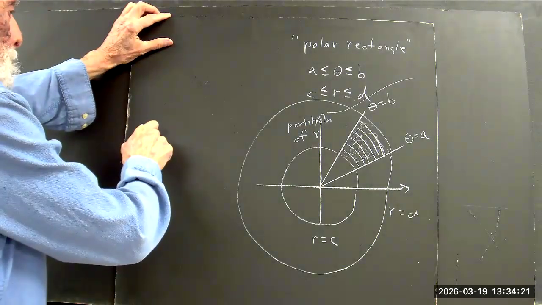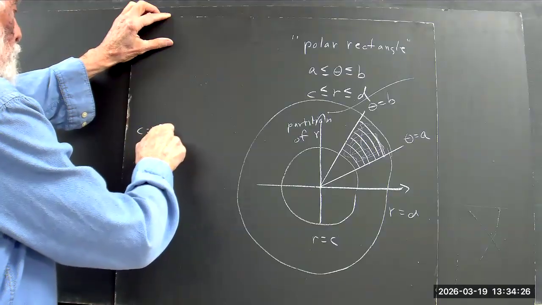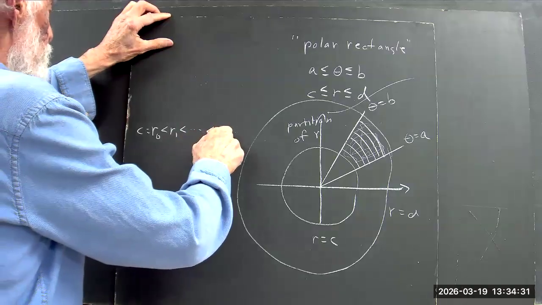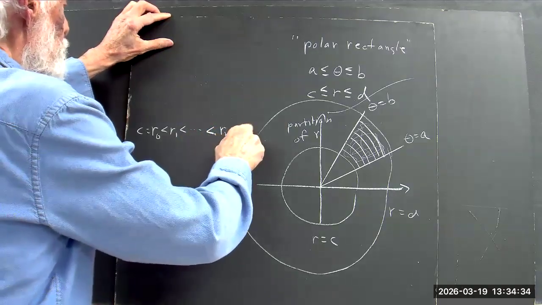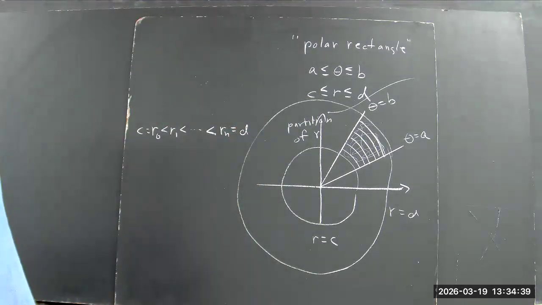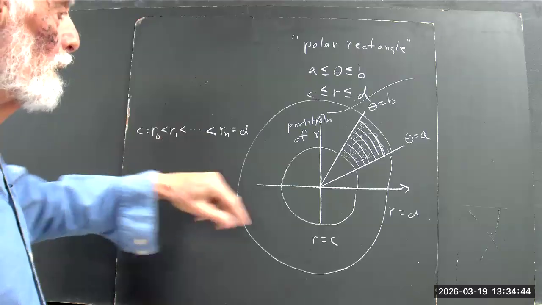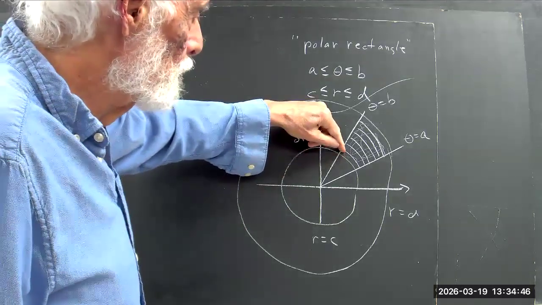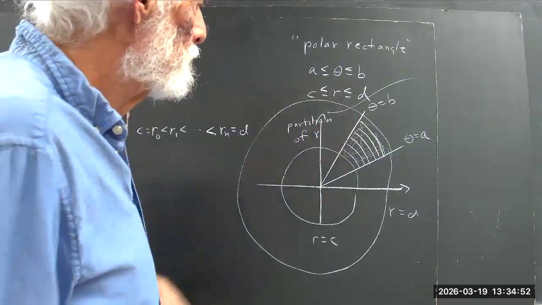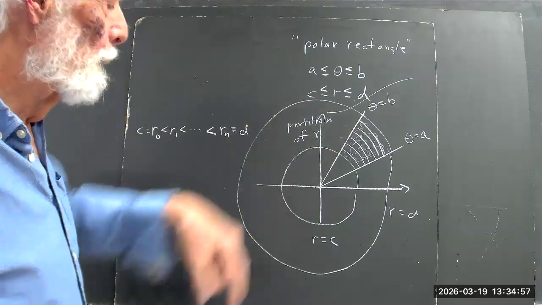So what we're saying is C equals R naught, which is less than R1, which is less than, et cetera, which is less than Rn, which is equal to D. And there's a typical partition there. So if R equals R4, well, here's R0, R1, R2, R3, here's R4. And the fourth increment goes from R3 to R4.